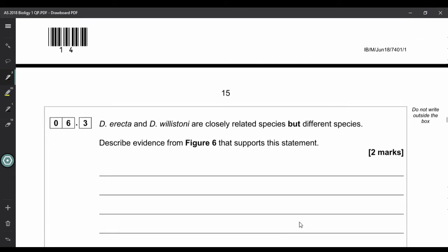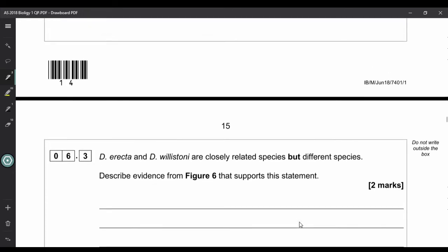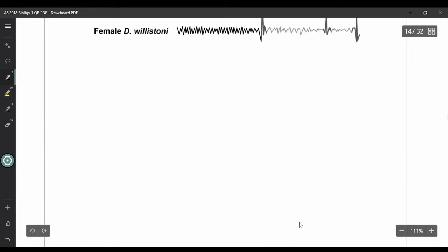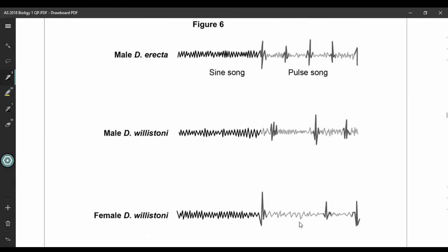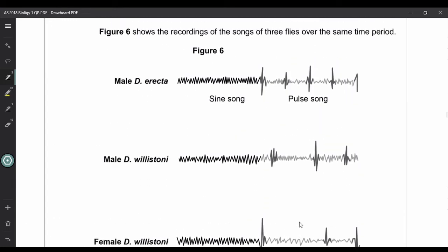It says the 2 different species are closely related species, but they are different species. Describe evidence from figure 6 to support the statement. So because they're closely related, we're looking for some similarity. But because they're different species, we're again looking for a difference.